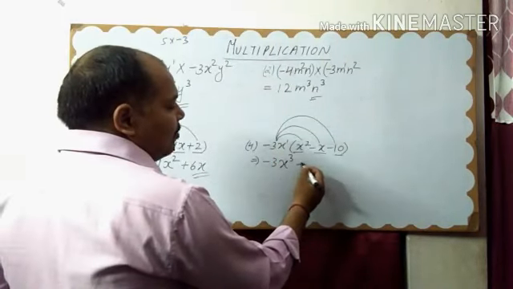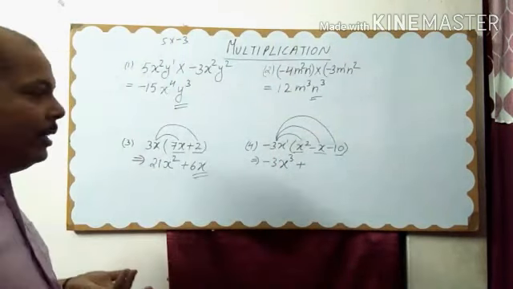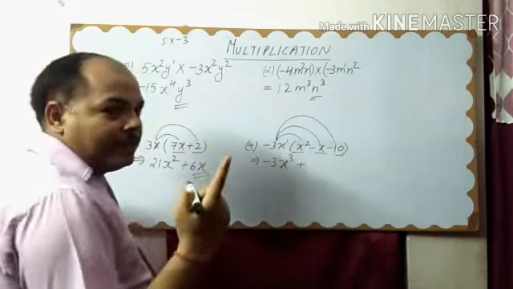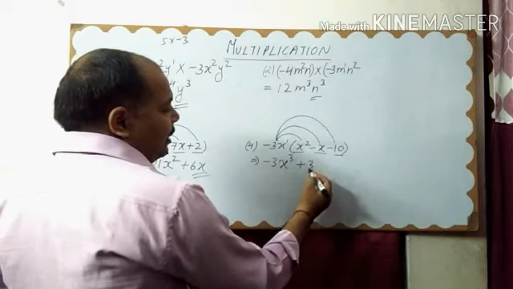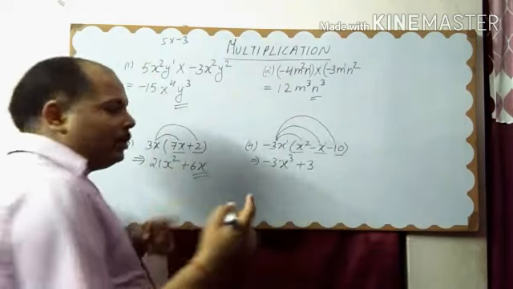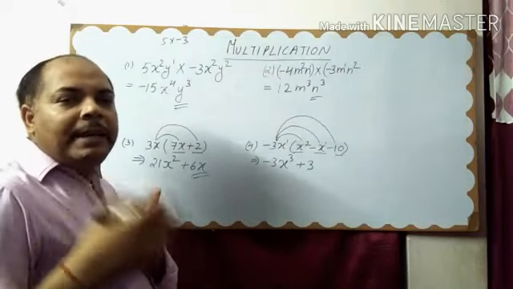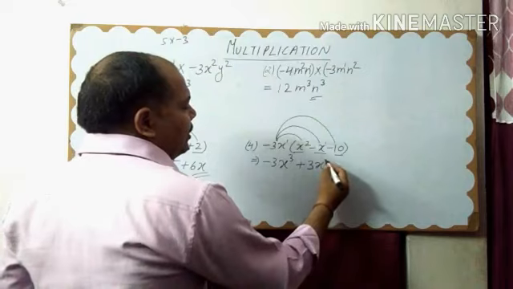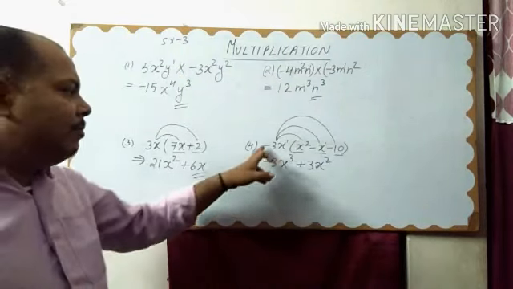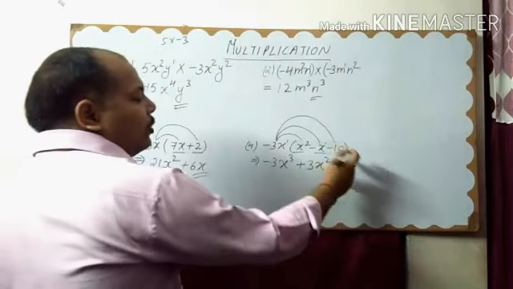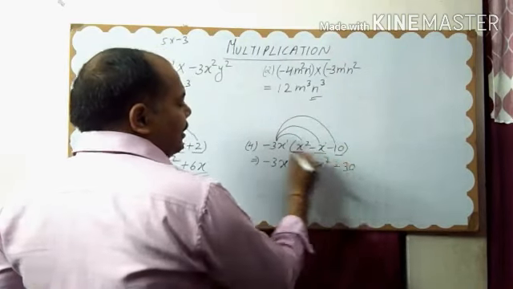Minus minus, the sign will be plus, and here the numerical coefficient is 3. Here x is 1 and here also 1, 1 plus 1, 2. Always remember whenever you multiply x by x, it will be x square. For the last term, minus and minus will be plus, 3 into 10, 30.